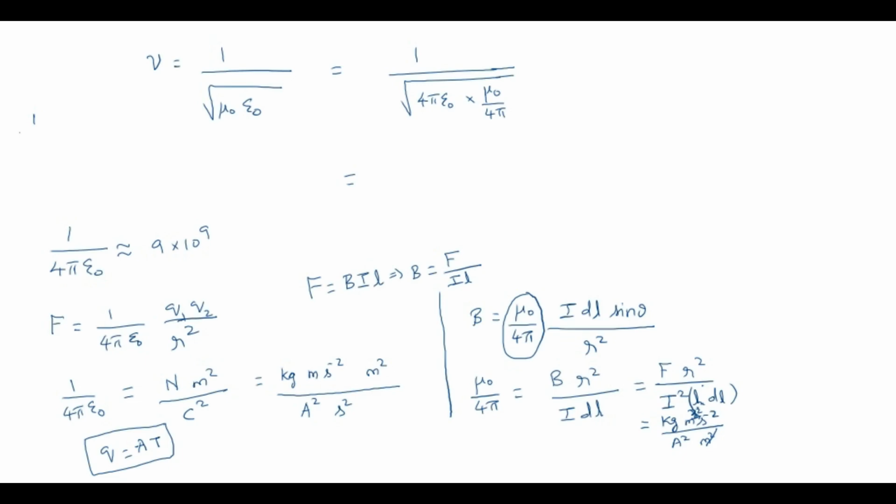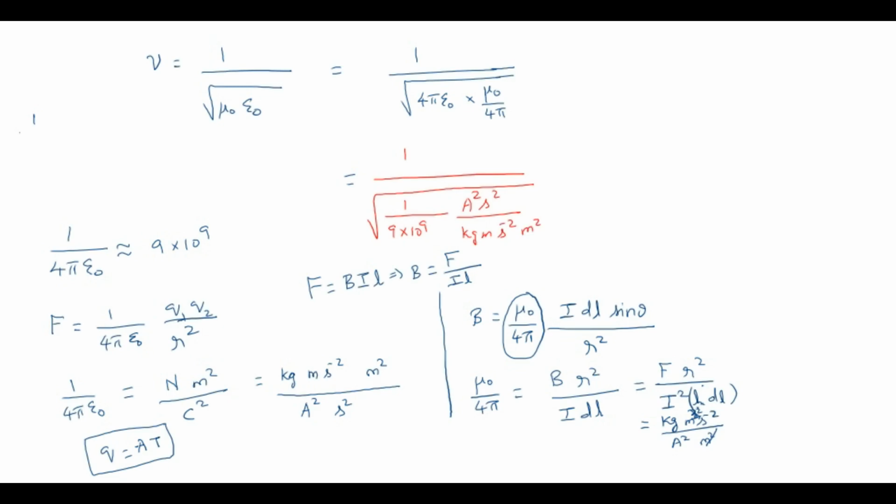So this is equal to 1 by square root of 1 by 4 pi epsilon 0 times mu naught by 4 pi. For 4 pi epsilon 0 it should be inverted, so this becomes 1 by 9 into 10 power 9, and its unit written inverted is a square s square divided by kg meter s power minus 2 meter square, so meter square becomes meter cube.